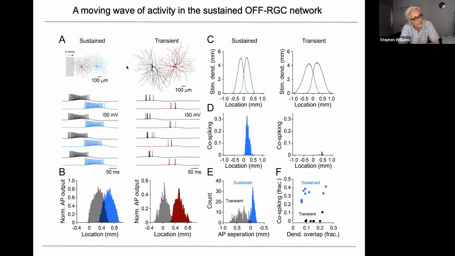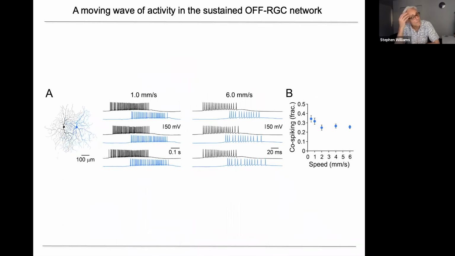You can imagine another one here, another one here. This is in distinct contrast to the transient off ganglion cells that show this clear break in action potential firing, basically because they don't have active dendritic integration. This sort of moving wave of activity is apparent across all the speeds that we've tested.